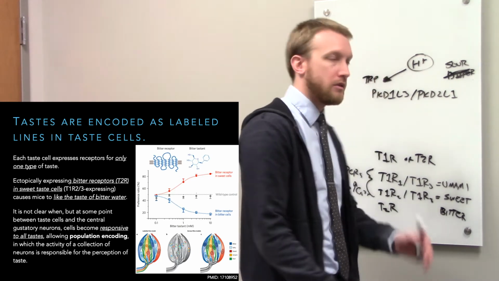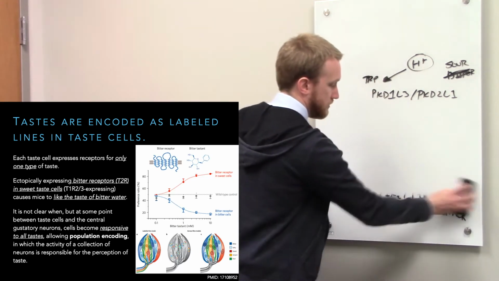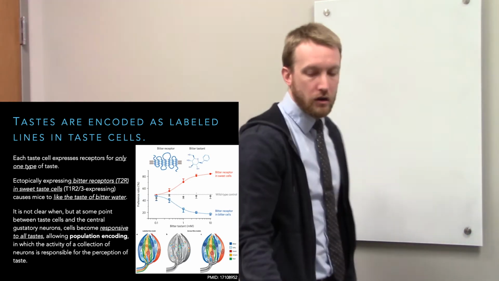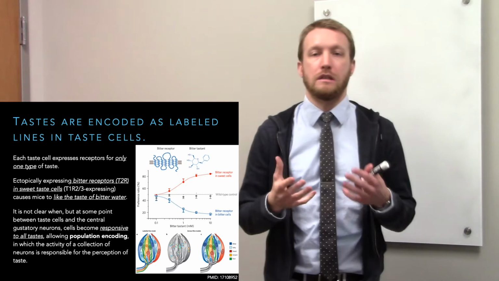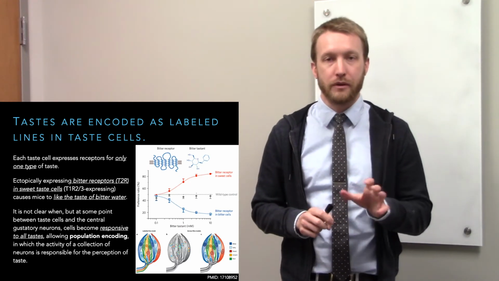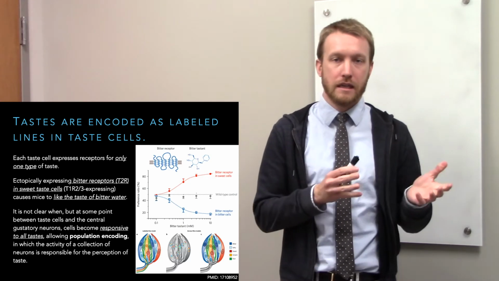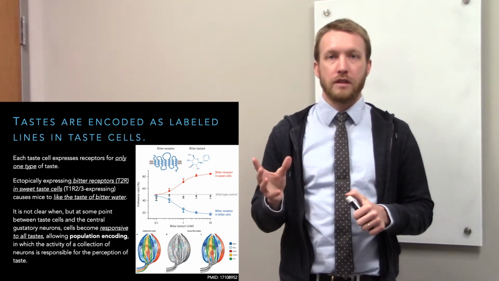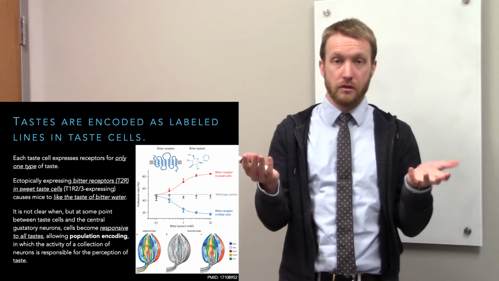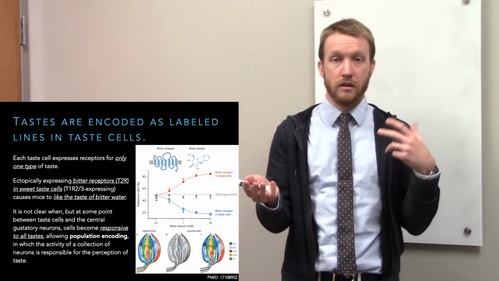So this brings us back to our labeled lines. What we're looking at here in these data are how much a mouse likes water that contains this novel bitter molecule. Mice can't detect it, so the wild type control there, you'll notice there's no preference. So they're given two types of water, with the bitterant and without.